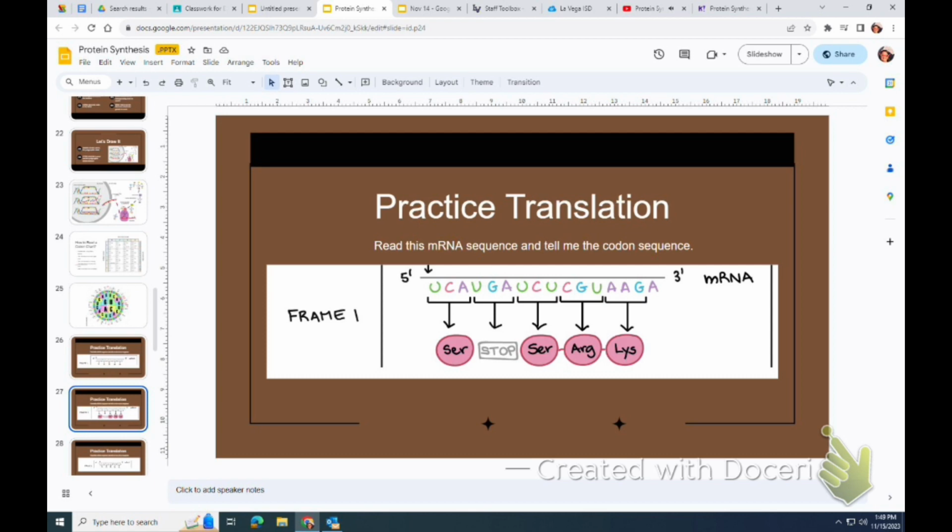For my circle, I start in the middle and I work my way out. So here's my U. My next letter is C. So I went from my U to the C. And then off of my C, I find my third letter, which is A. What amino acid does that code for? SER. That's right. Let's try the next one together.